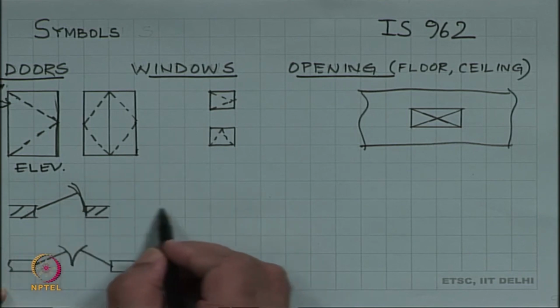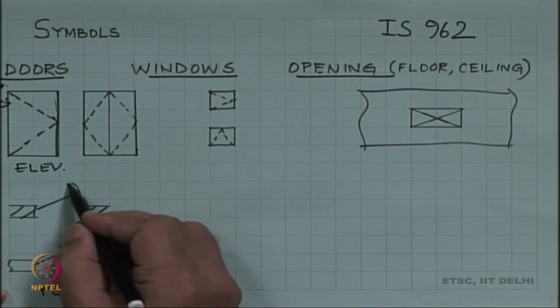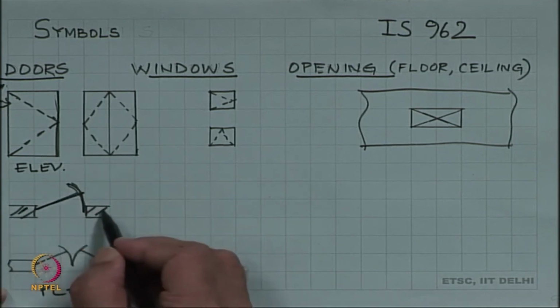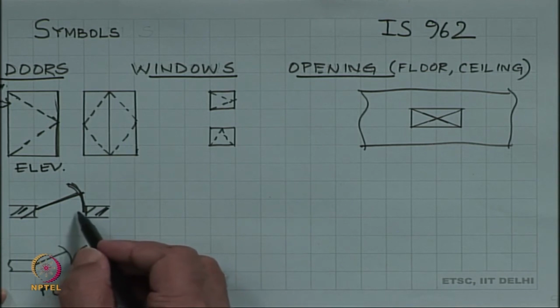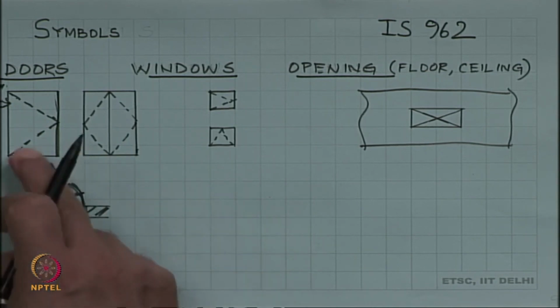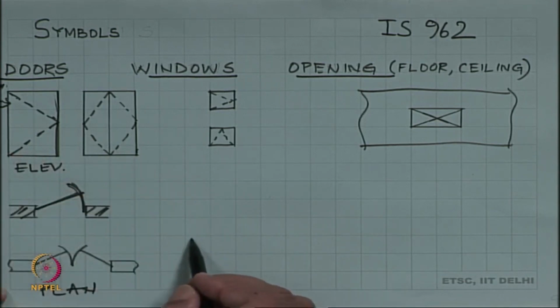So, this is what you will see in both these cases in the plan view. So, we will show this line and show this here. This is our wall, and it tells you that the door is single swing opening on one side. This particular door, the corresponding view for that will be the opposite of this one.